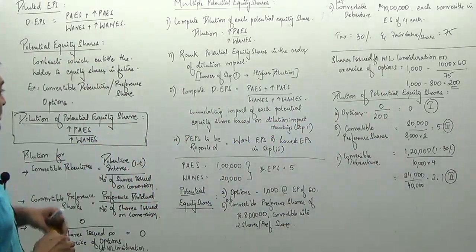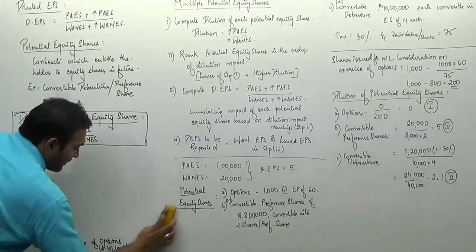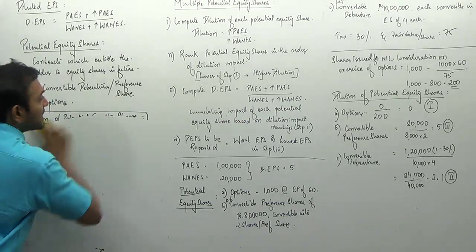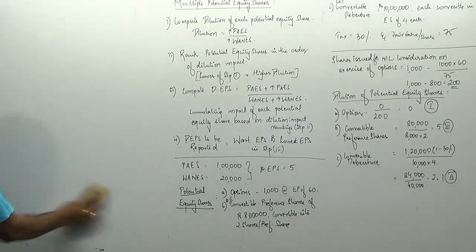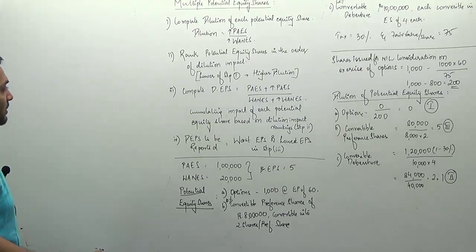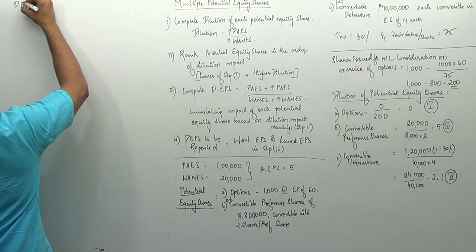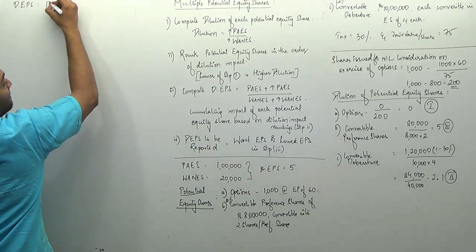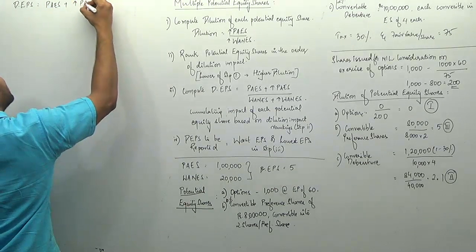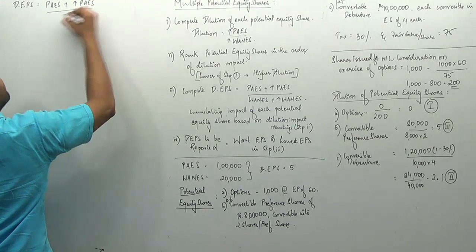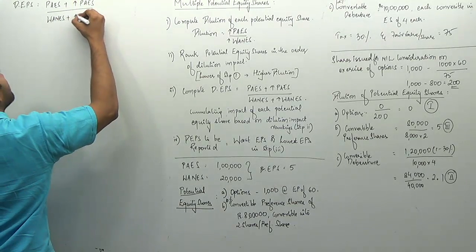Now what is your step 3? Calculation of diluted EPS. Let us see how we calculate this. I am using that entire example to calculate the diluted EPS. I am using the formula diluted EPS is equal to (PAES plus increase in PAES) divided by (WANES plus increase in WANES).